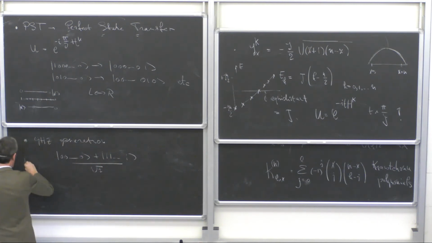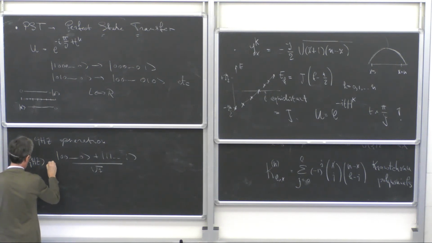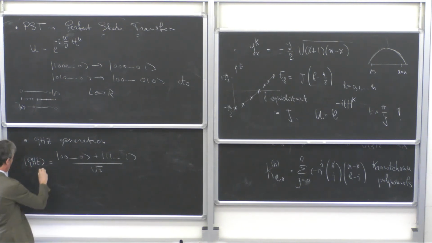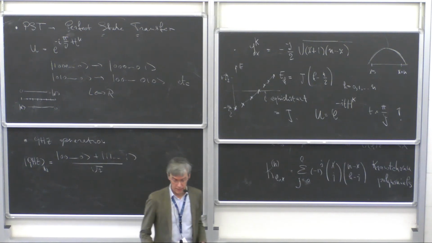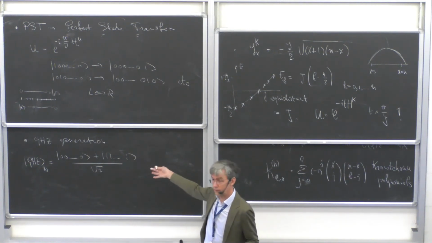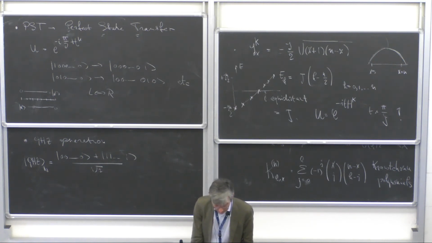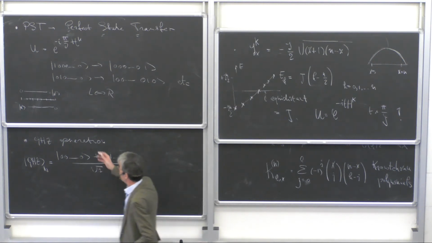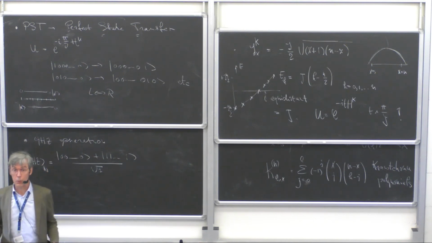So this would be GHZ, let's say on n qubits. This is a very funny state. It's highly entangled. It's difficult to make starting from product states because of this very special structure. But actually, the Krawtchouk dynamics gives you a very quick way to get there.